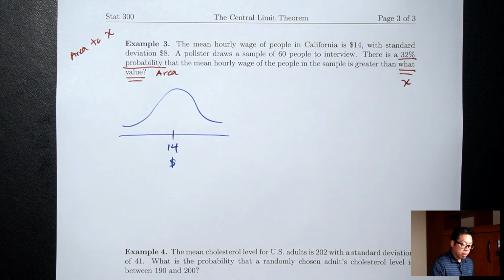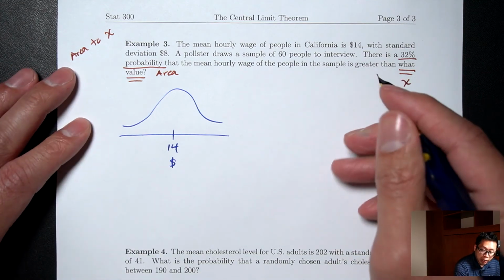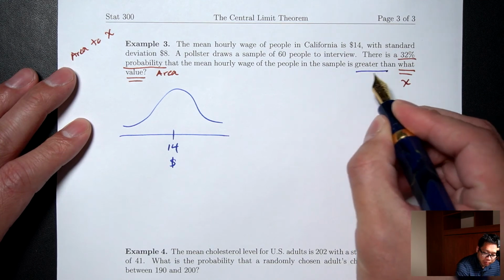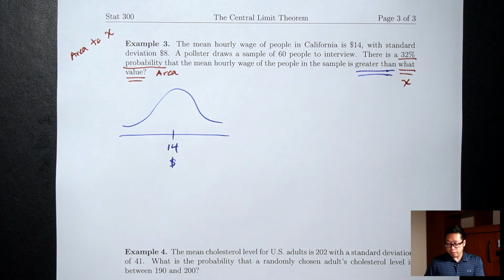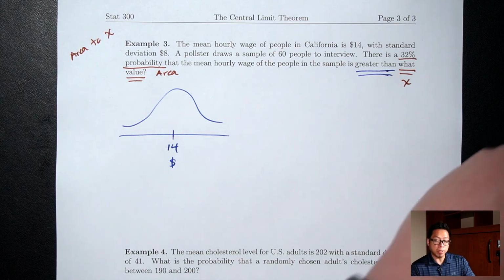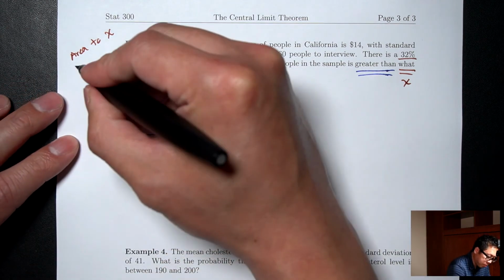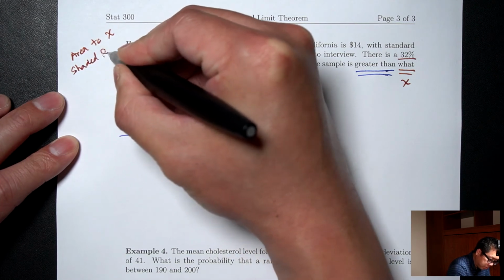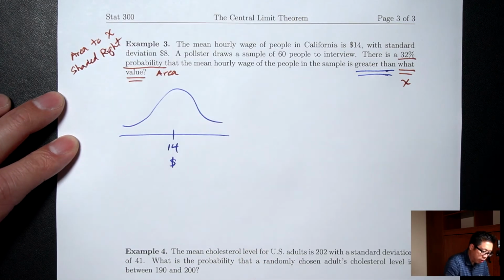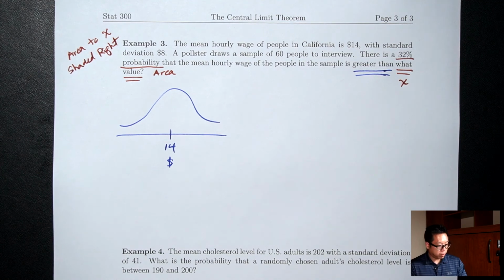The next thing I need to decide is whether this is shaded left, shaded right, or shaded between. It says greater than. Greater than tells me that this is going to be to the right, so this is shaded to the right. Let me draw the rest of the picture.